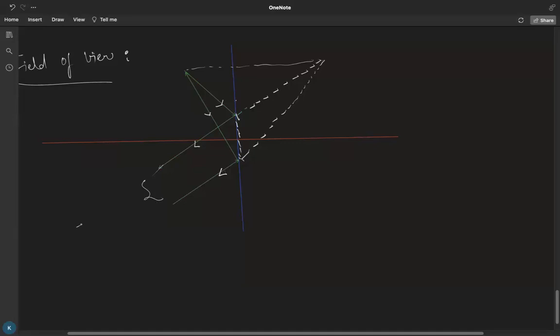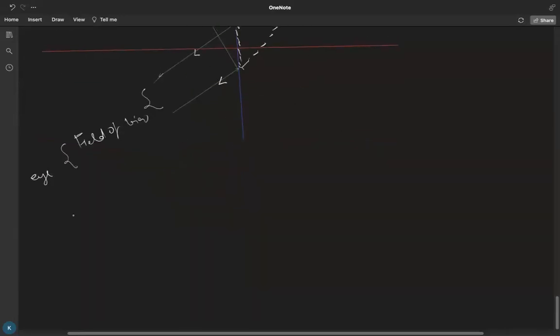So this is termed the field of view, or you can say if you put your eyes in this region, then you are able to look at the image, right? So let me write it here.